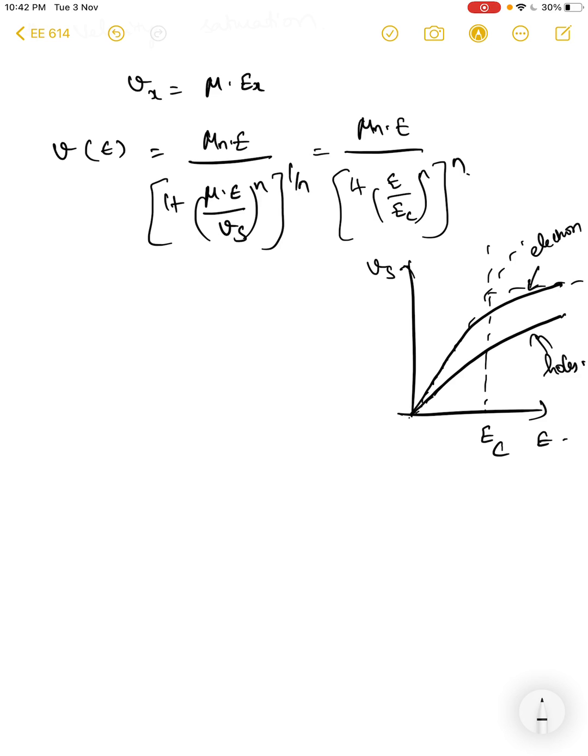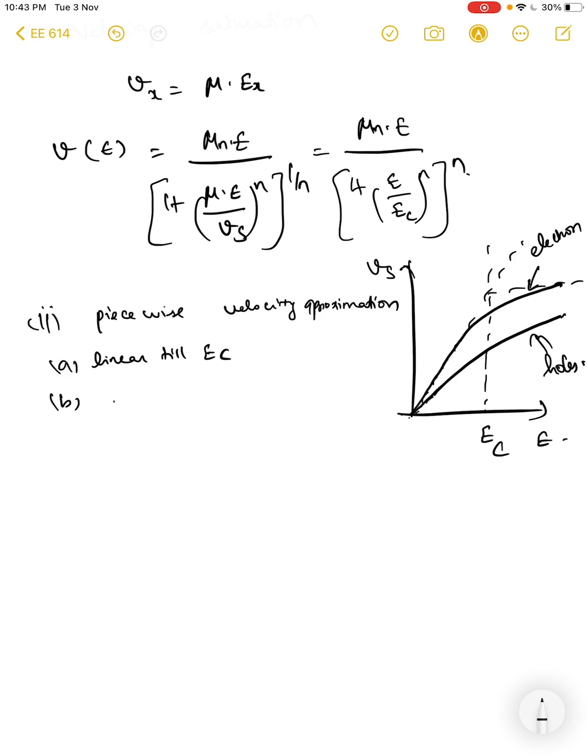We previously saw what the IV characteristics are when it is linear, right? So the second thing that we have to see is what happens to the ID current when you assume that the velocity is constant irrespective of the applied electric field. That is the second part of the piecewise velocity approximation. It is linear till EC, which we already saw.